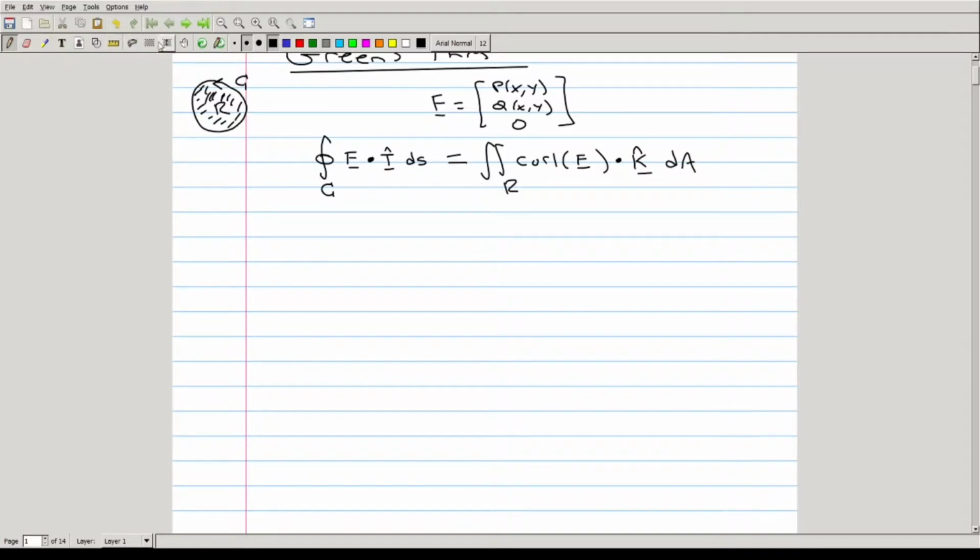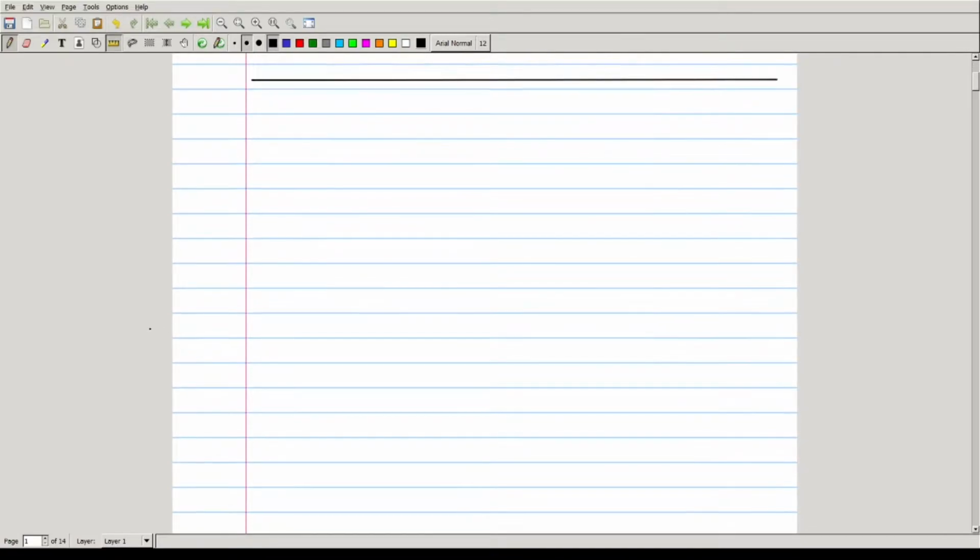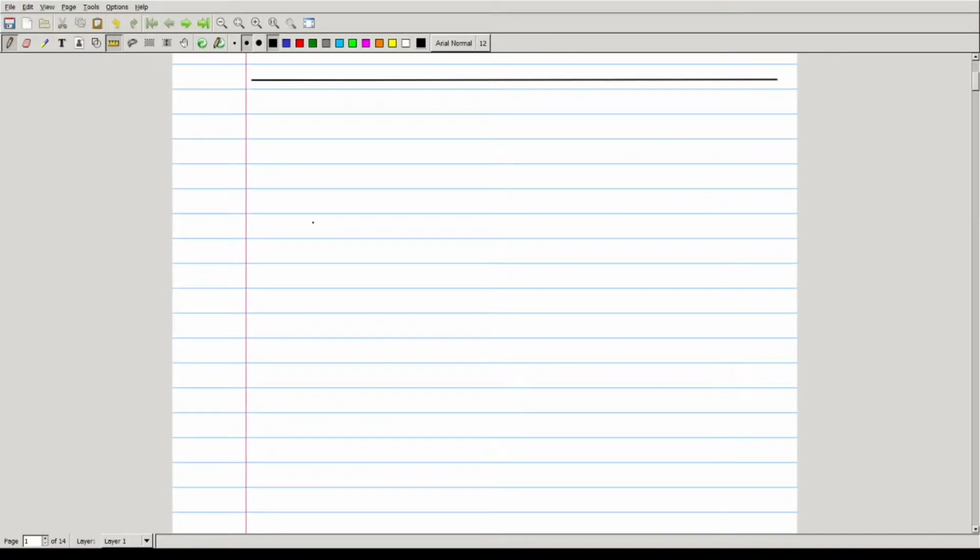And a natural question is, can we directly extend this idea? And this is something that we can definitely do. And what we'll do is we'll draw a diagram, kind of a picture, to see how we're going to go about extending this idea. This is Stokes' original construction.